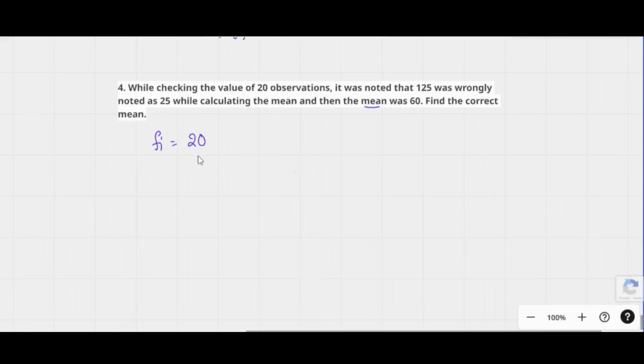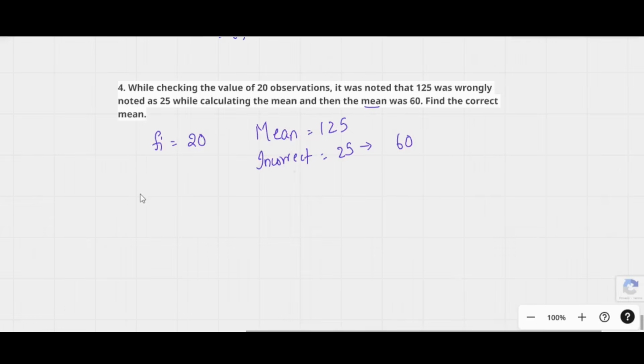So we have the total number of observations 20, but they are telling us that while noting down the observations, the actual value is 125, but they forgot to write the number 1 and wrote an incorrect value, that is 25. So when they have written the wrong value, the mean was 60. Now we have to find the correct mean.